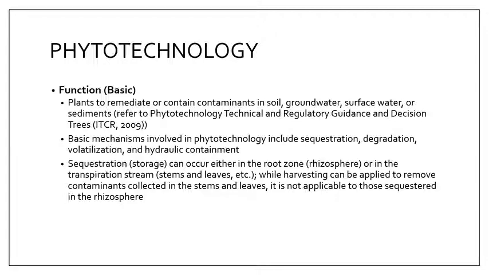Now, if you are using a plant that is storing the contaminants in the root zone, it won't be practical to harvest those plants because as you harvest the plants, you'll be essentially killing them by removing their root zone. Okay, so at least when the plants are storing it in their transpiration stream, it's convenient to just cut off the stems and leaves of plants and let it grow again.